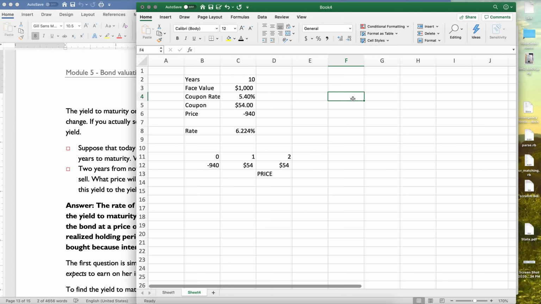So let's work that out over here. Price at t equals 2. And the answer to that is it will be, oh, wait, we have to change the rate. The rate has changed. It is that minus 0.01.